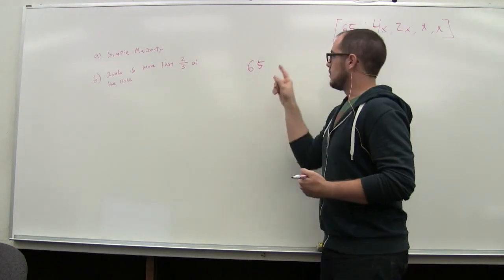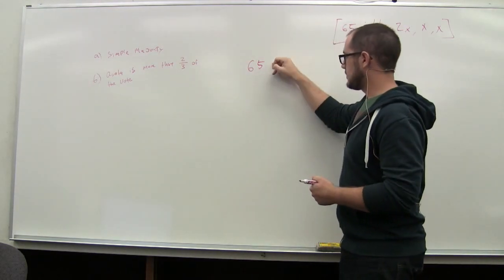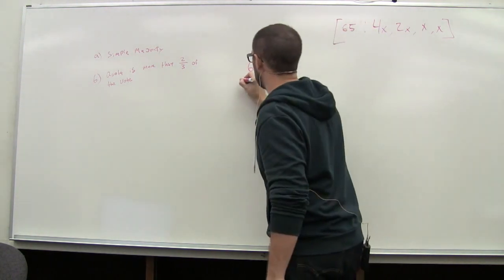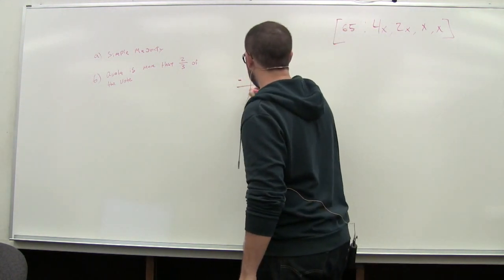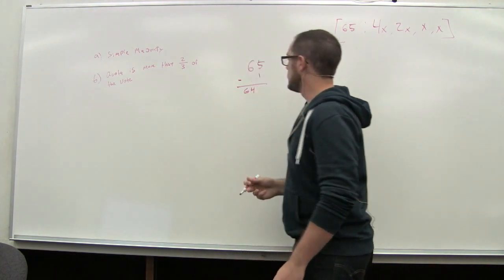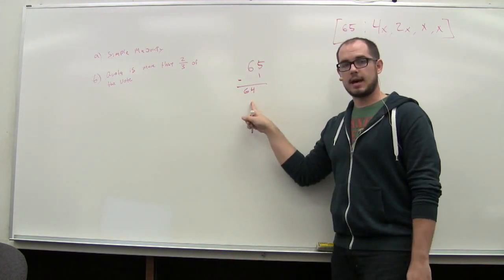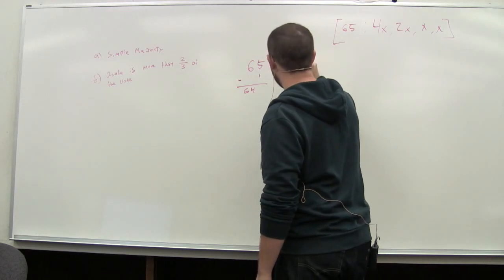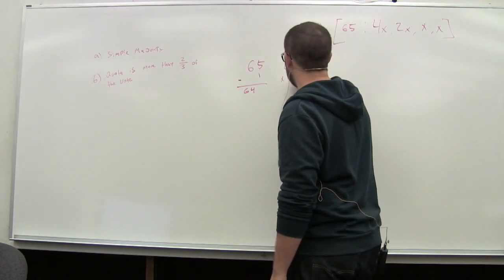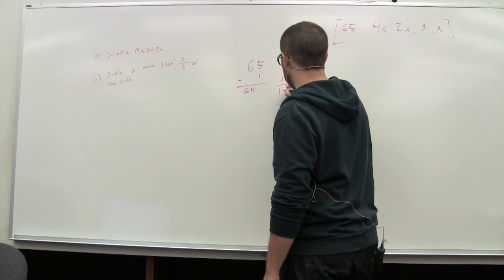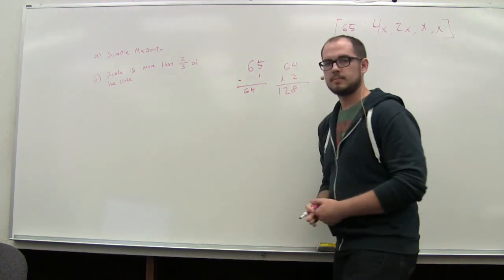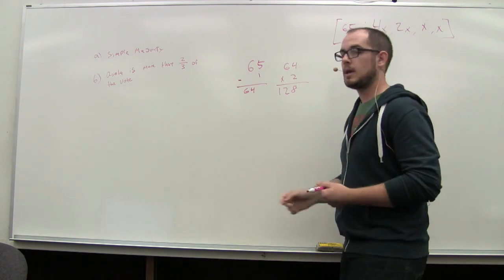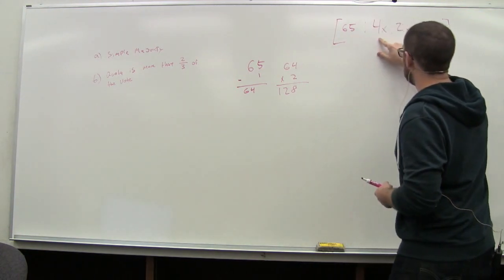Since we have 65 here, we added 1 to a number. So first of all, we're going to subtract 1, and that's going to take us to 64. Now we know that this is exactly half of our total number of votes. So we're going to do 64 times 2, which is going to give us 128. Now we know that 128 is the total number of votes, and that's what all these players added up should equal.